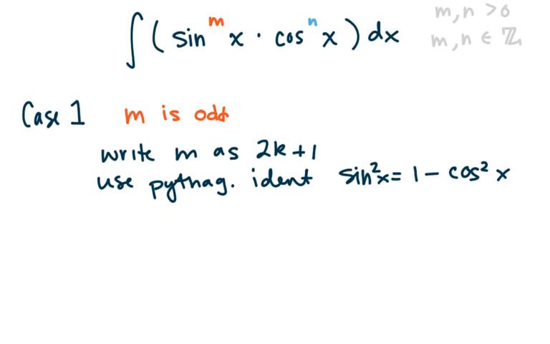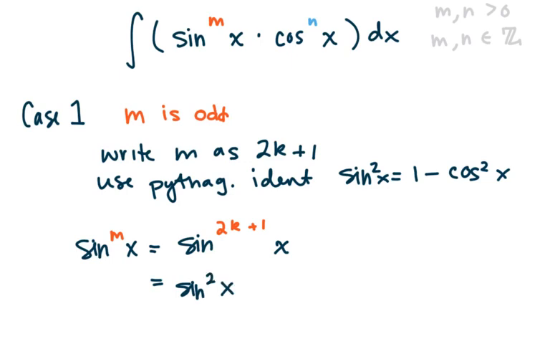So what that means is we're going to take the sine to the m of x and rewrite that as sine of 2k plus 1 of x. That's going to allow me to turn this into a sine squared, because using properties of exponents, this is the same as the sine squared of x to the kth power times the sine to the first power of x.